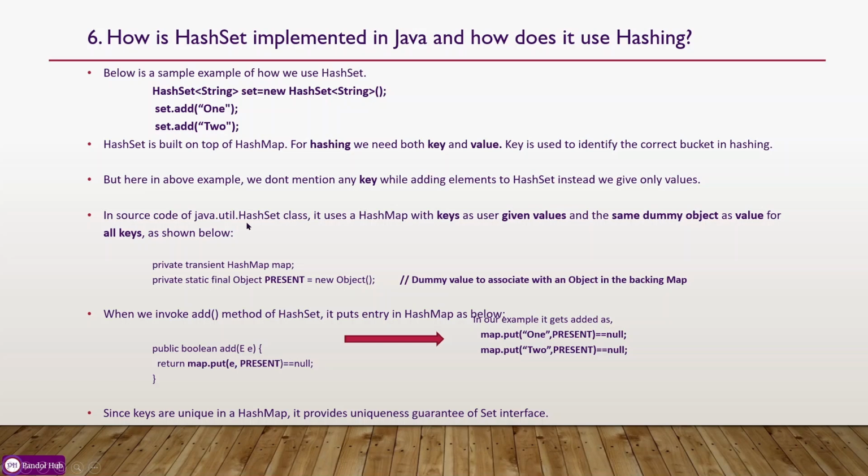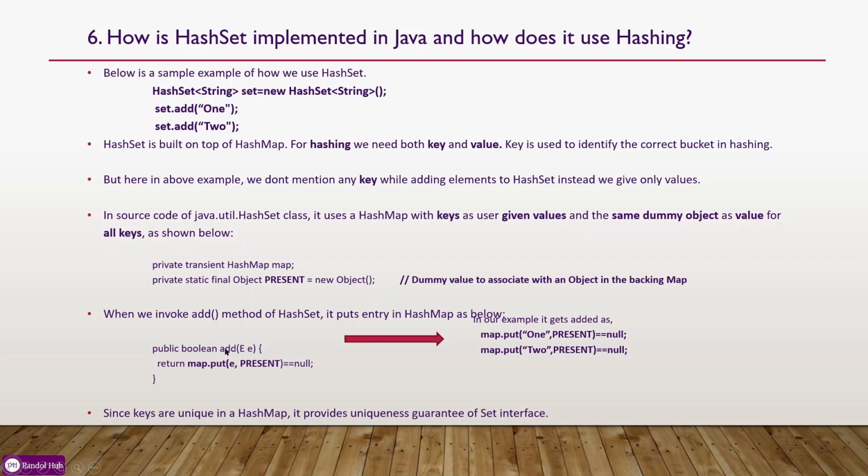So when you look into the internal source code of hash set, it is just creating a dummy object, like Object present. When we invoke the add method of hash set, it puts an entry in the hash map as below. Whenever we give set dot add of 1, or set dot add of an object, internally the hash set has this add method.